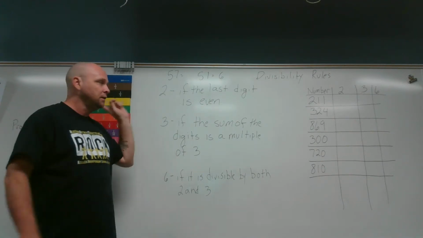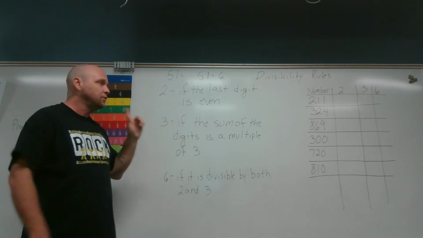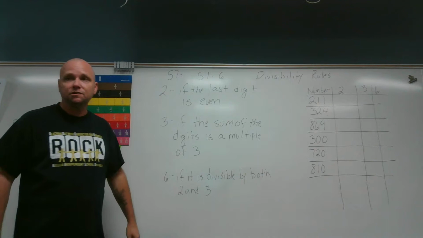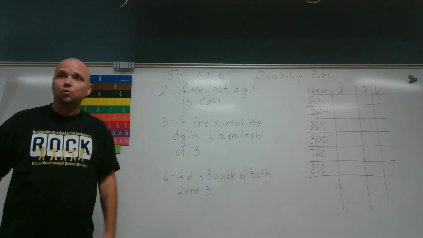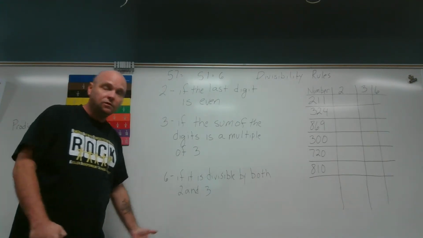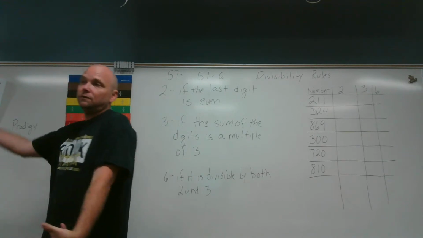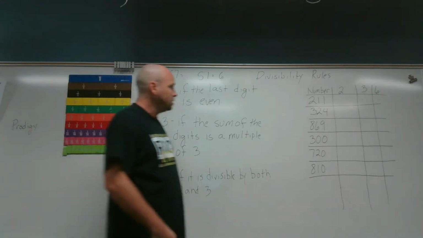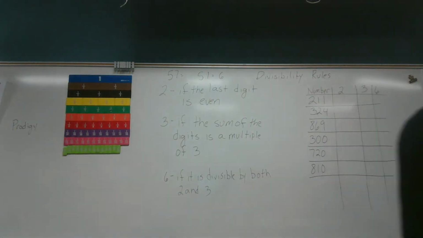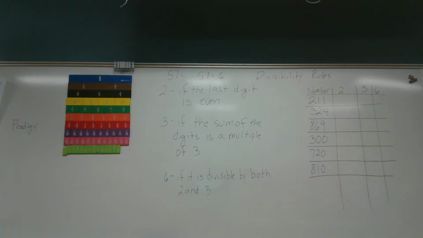We're going to work it in just a minute. You're going to get to turn this in for 100 as long as you pay attention, because we're going to go over it. Put a check in the ones that are divisible by 2, if the last digit is even.